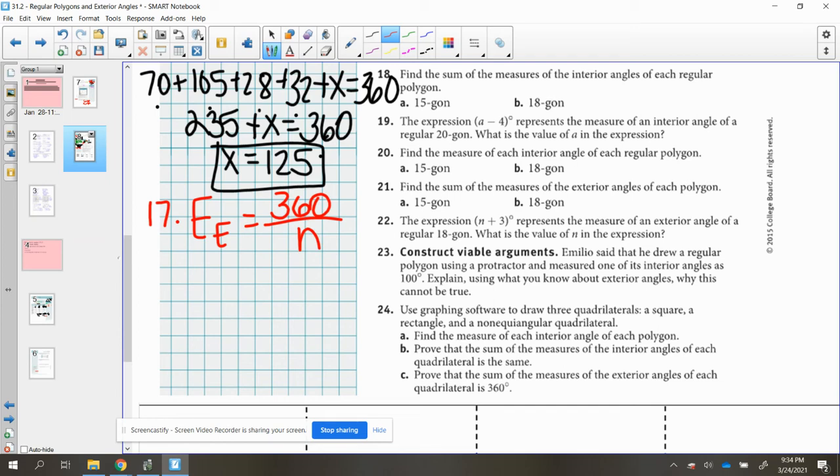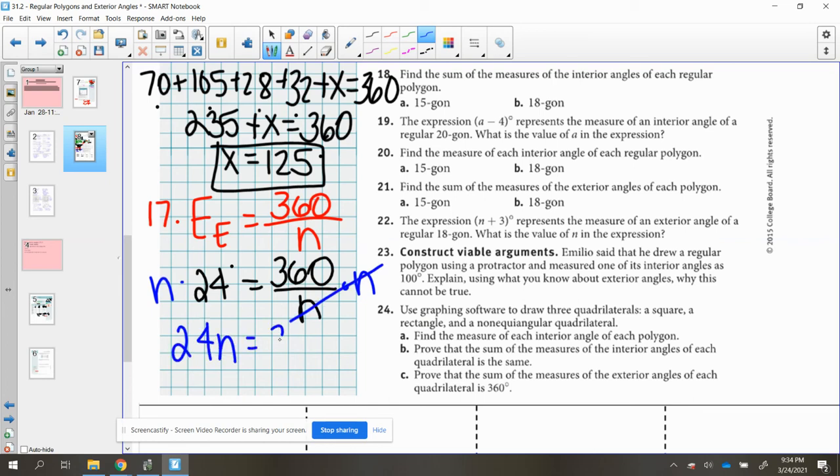And they're telling us that each exterior angle is 24 degrees, and we want to solve for the number of sides. Okay? So this is similar to actually when we talked about trig, because we need to get the value for n by itself, right? So that this cancels out. So to get rid of that division, we're going to multiply. And then to get the n by itself, we're going to divide by the 24, right?